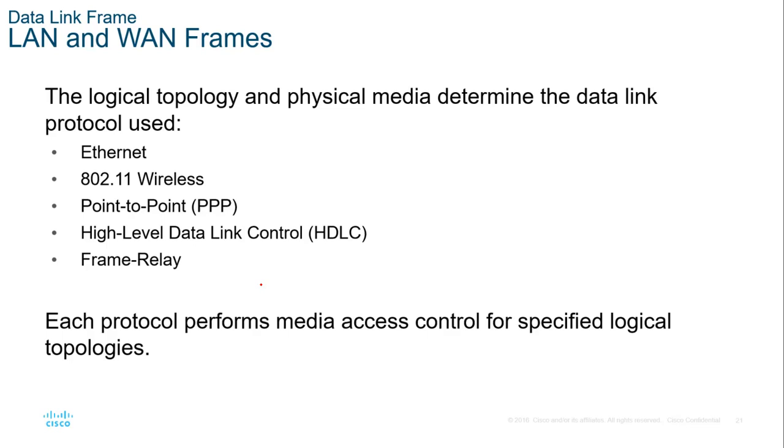The logical topology and physical media determine the link layer protocol. The logical topology depends on the connection, and the physical media determines the data link protocol. Here we have Ethernet, wireless, point-to-point, high-level data link control, and frame relay.